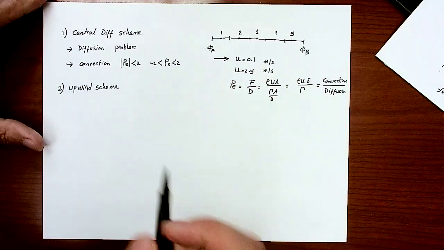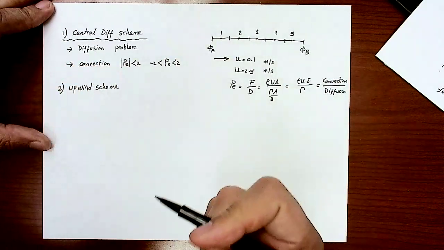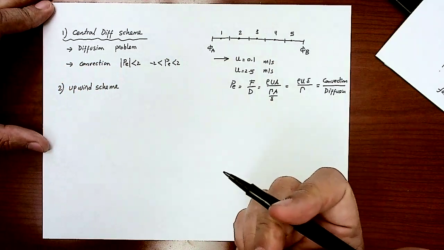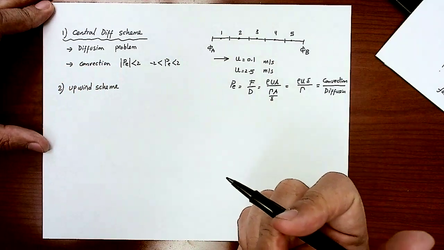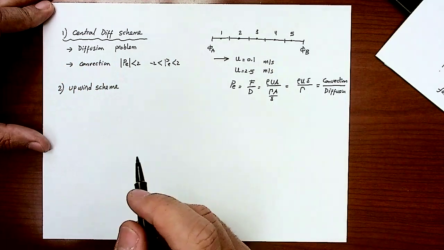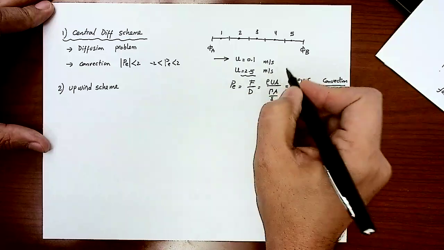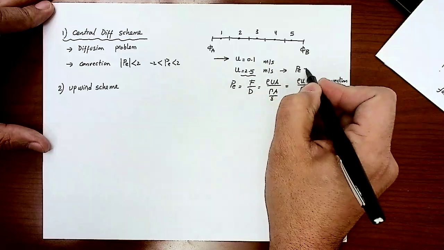So again, the first scheme that we covered is the central differencing scheme. It's great in diffusion problems. It's great in convection when the cell Peclet number is somewhere between -2 and 2. But we realized that when the Peclet number went high, for that high velocity, the Peclet number was 5.